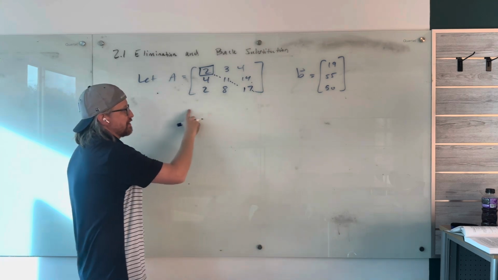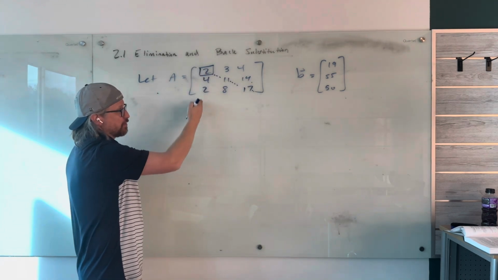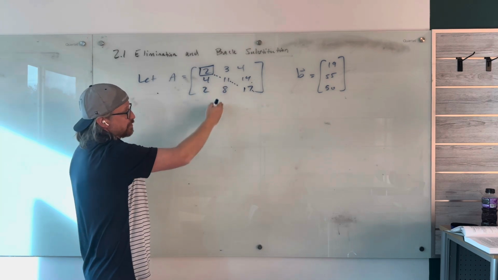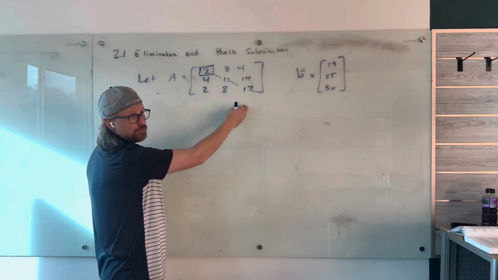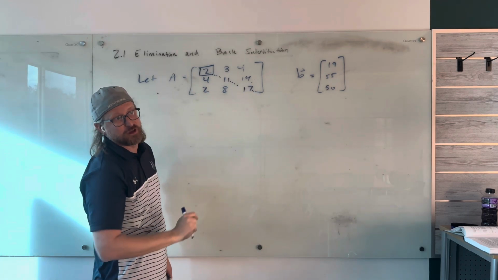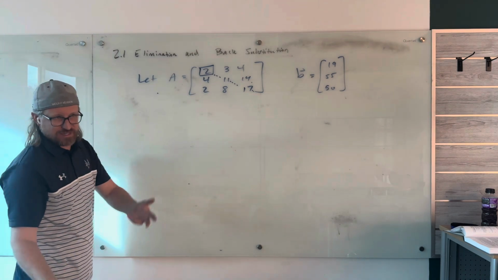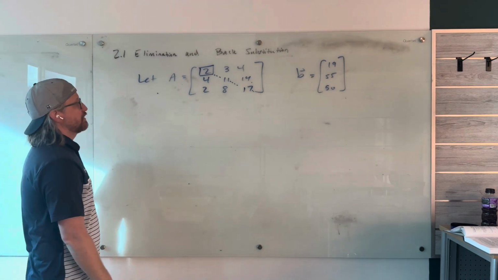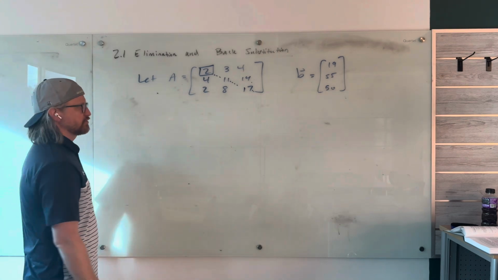Even if I added another row and column to make this a 4x4, the idea is still the same. Zero out every entry below A11, zero out every entry below A22, zero out below A33, and then A44 would be my final pivot point in that matrix. That's the strategy and that's the idea. So it's an easy extension as we get further into higher dimensions in terms of the square matrix.